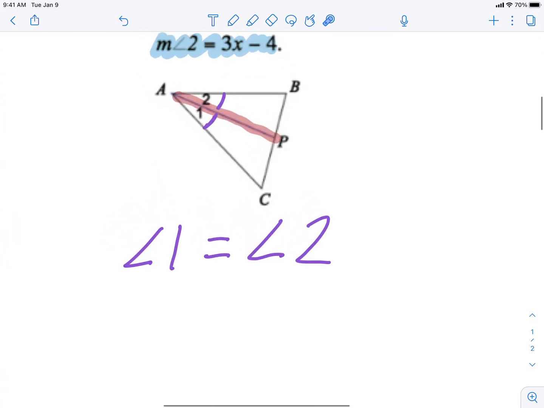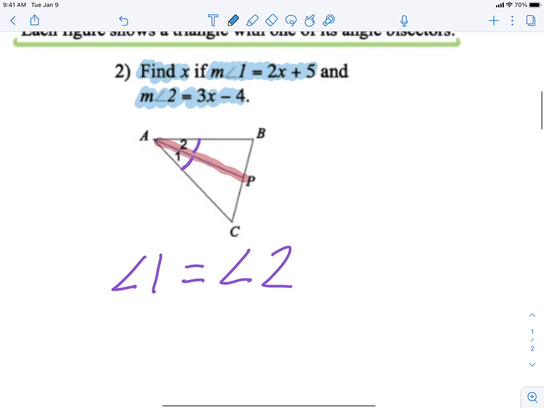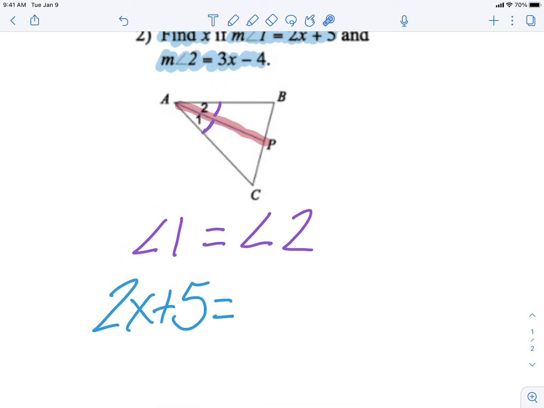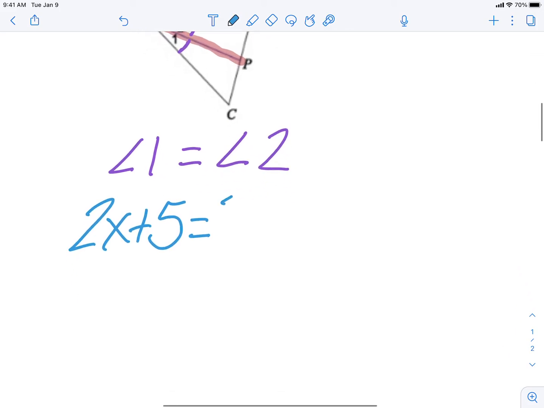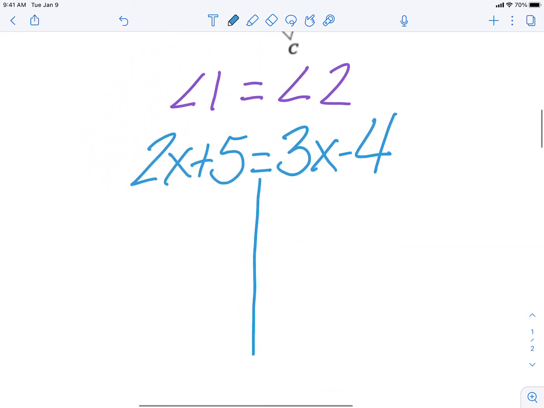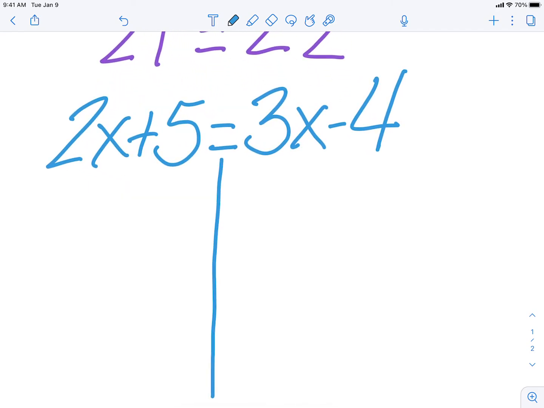So let's substitute. Angle 1 it says is 2x plus 5. So 2x plus 5 equals angle 2, it says, is 3x minus 4. Well, all I have to do here, everybody, is do my algebra that everybody knows how to do, right? So I'm going to move this 2x over to this 3x here.